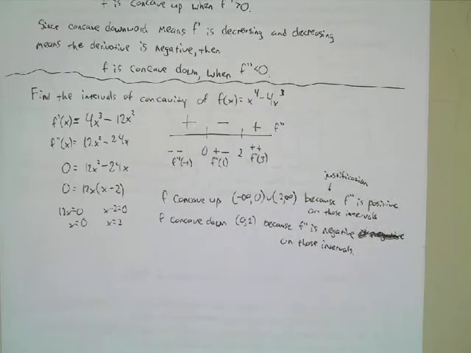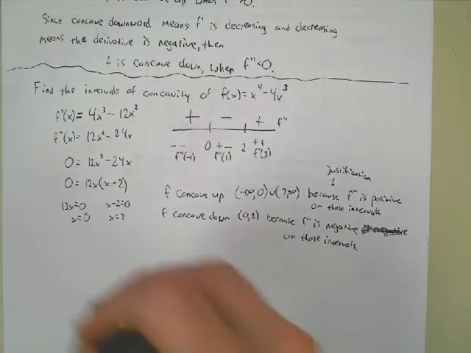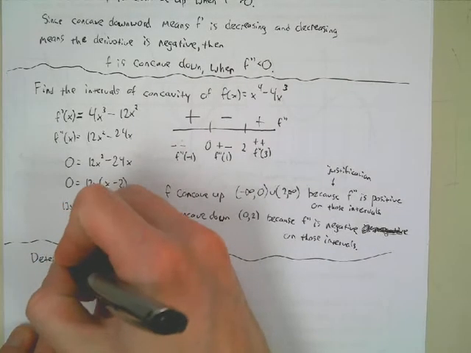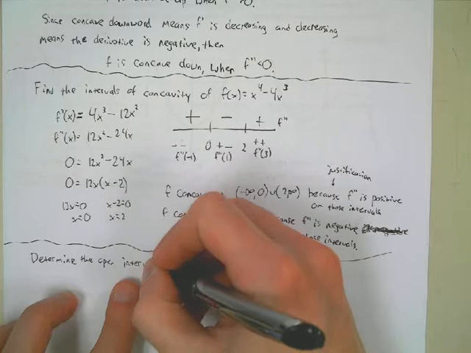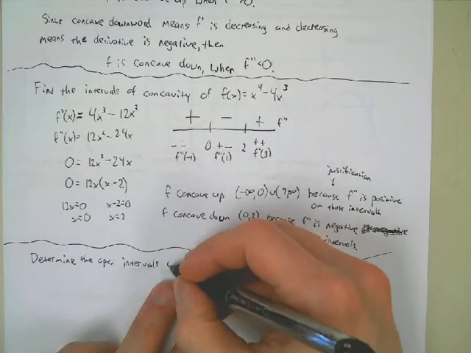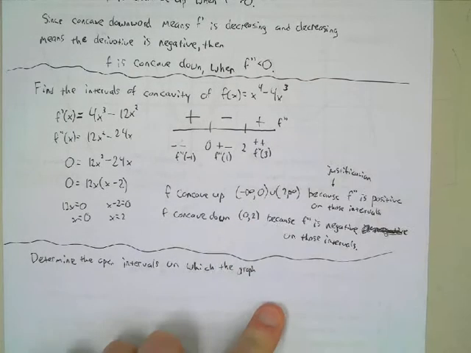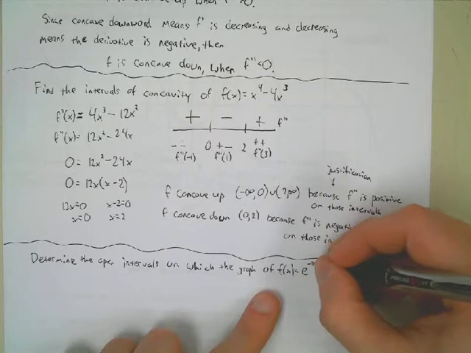Okay, let's try another one. All right, determine the open intervals on which the graph of f of x equal to e to the negative x squared over 2 is concave up or concave down.